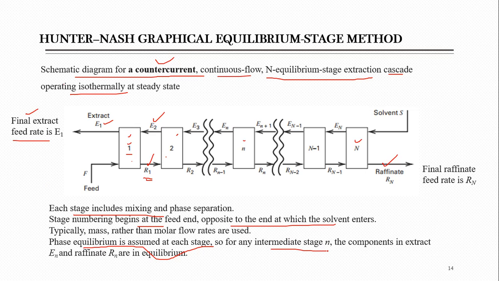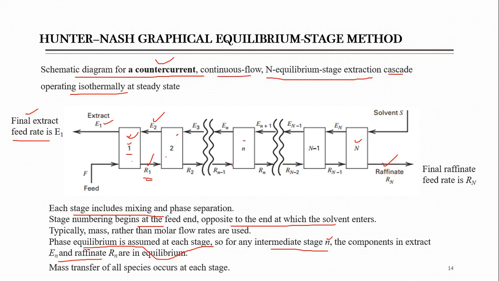For any stage you look at, the extract and raffinate leaving that stage are in equilibrium. If I look at the first stage, when the extract and raffinate leave, they will be in equilibrium with each other, meaning they are separated. Then look at E2 and R2, and so on. For each stage, the raffinate and extract will be in equilibrium.